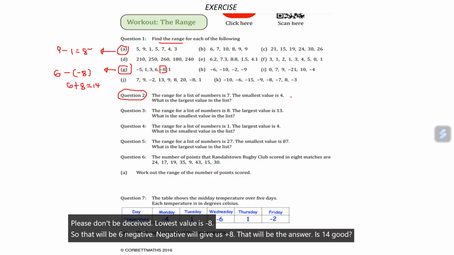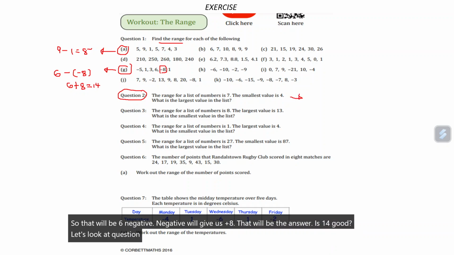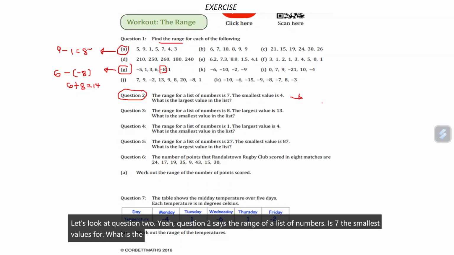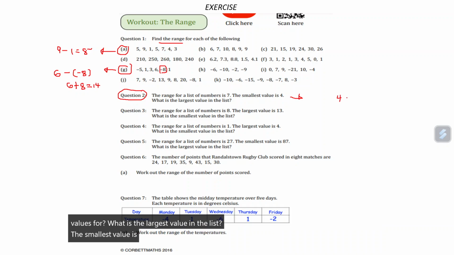Let's look at question 2 here. Question 2 says the range of a list of numbers is 7. The smallest value is 4. What is the largest value in the list? The smallest value is 4 and the range for a list of numbers is 7.